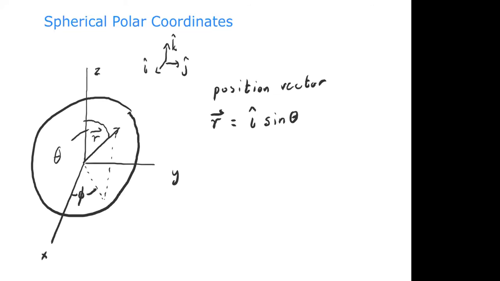r equals i hat sine theta times cosine phi plus j hat sine theta times sine phi plus k hat cosine theta. And again, you need to make sure you understand where this expression comes from and that you believe it. One way to check is to see what happens in a limiting case.